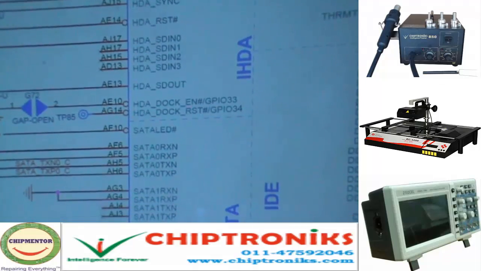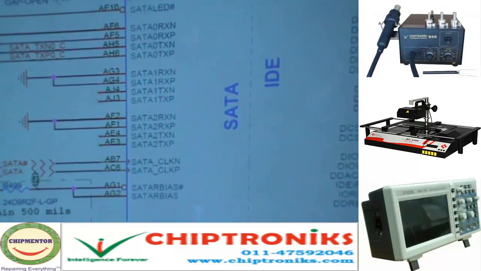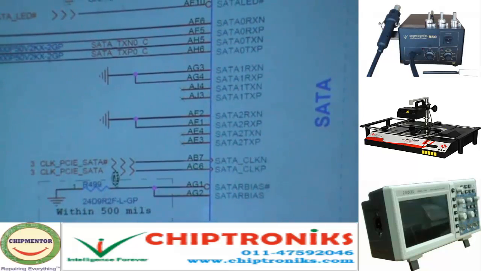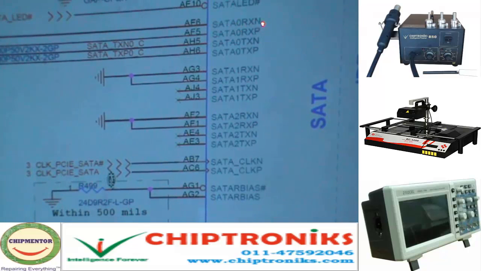Now here these are SATA. ICH8 has 3 SATA controllers. See, SATA 0 RXN, RXP, SATA 0 TXN, TXP: 2 wires for receiving, 2 wires for transmitting. SATA 0, SATA 1, SATA 2.